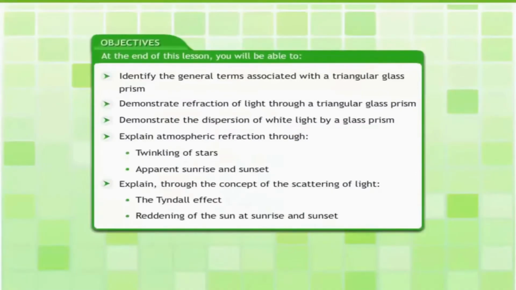At the end of this lesson, you will be able to identify the general terms associated with a triangular glass prism, demonstrate refraction of light through a triangular glass prism, demonstrate the dispersion of white light by a glass prism, explain atmospheric refraction through twinkling of stars, apparent sunrise and sunset, and explain through the concept of the scattering of light, the Tyndall effect, and reddening of the sun at sunrise and sunset.